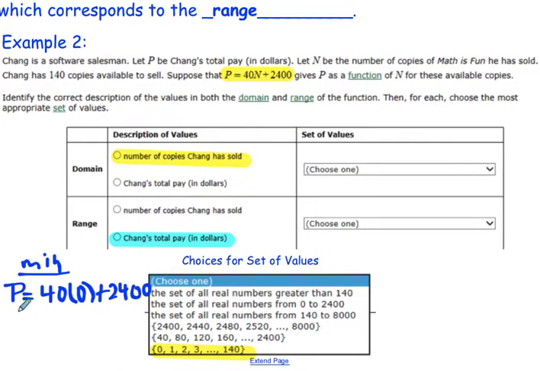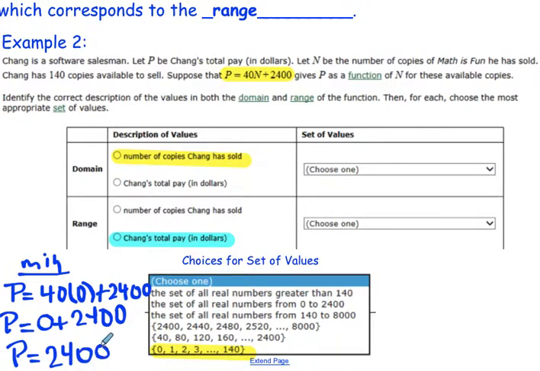If I simplify this, 40 times 0 is going to give me 0. So I have 0 plus 2,400, and 0 plus 2,400 would be 2,400. That means that the minimum amount that Chang is going to make is going to be $2,400.